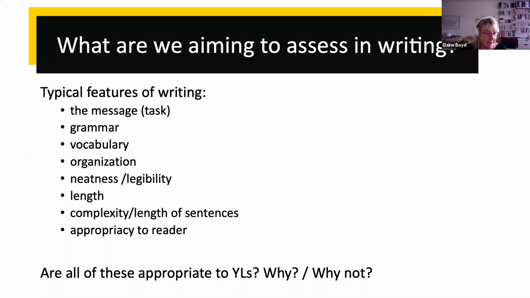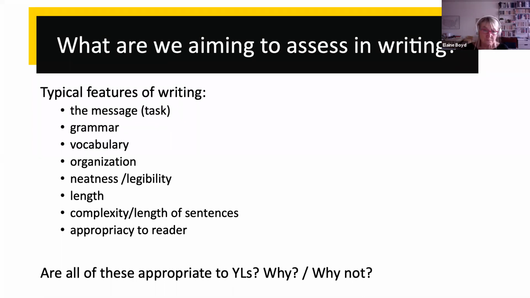But I'd like you perhaps to have a little rethink about that, a little shift around in your head, because of course we do a lot of grammar and vocabulary when we're teaching them, and we have exercises and they're practicing grammar and vocabulary. I would like to suggest to you that with young learners, when we're assessing writing, which is communication, perhaps we shouldn't be quite so focused on grammar and vocabulary. Perhaps we can prioritize other features.